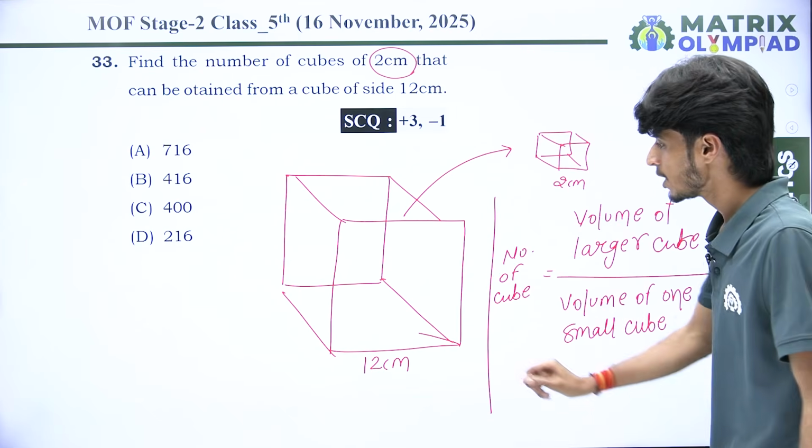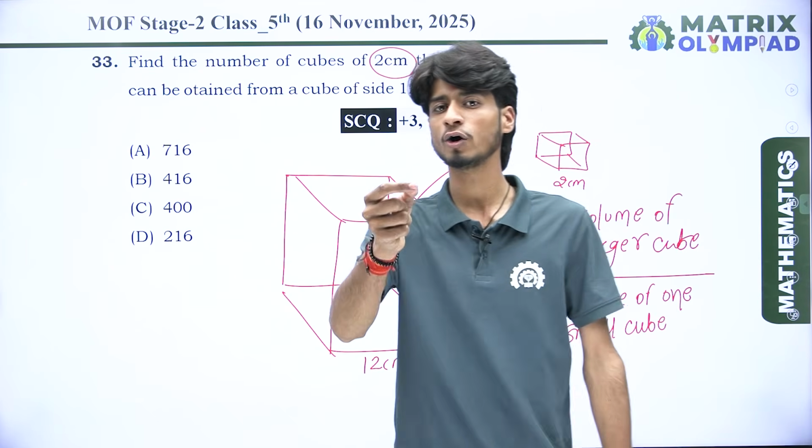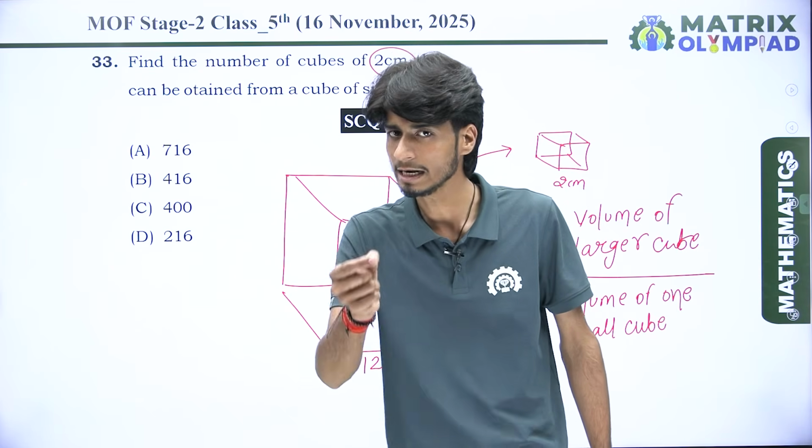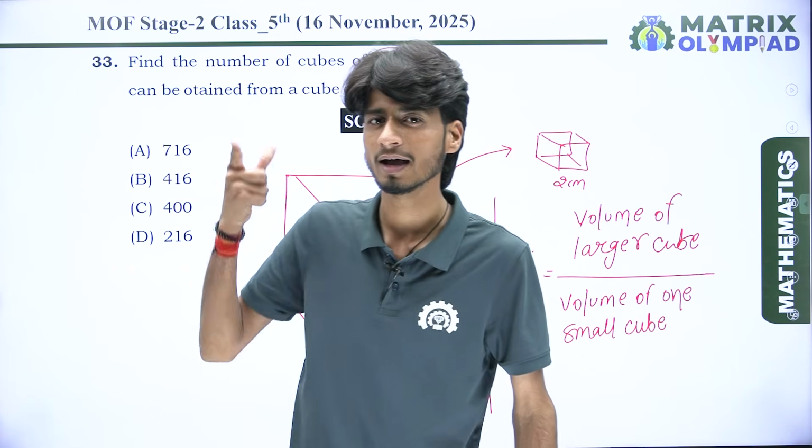So tell me, what is the formula of volume of a cube? Side multiplied by side multiplied by side.